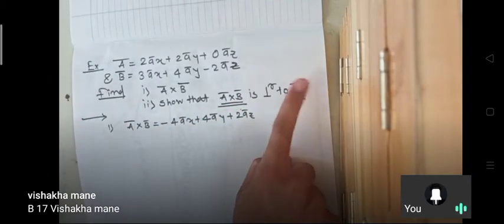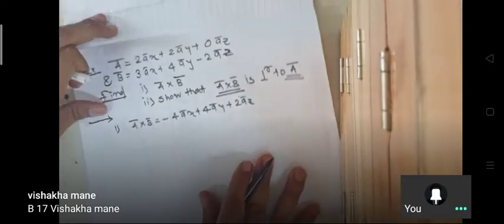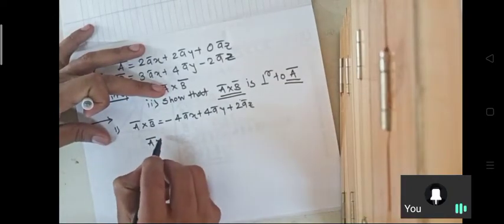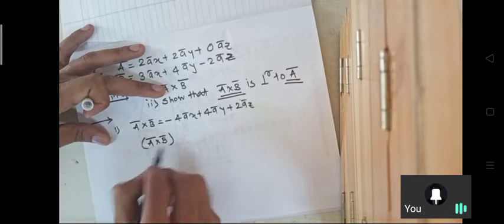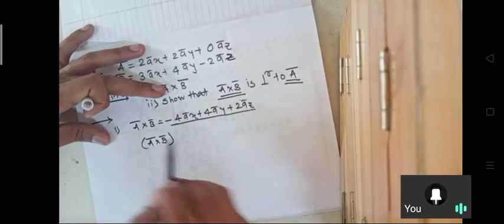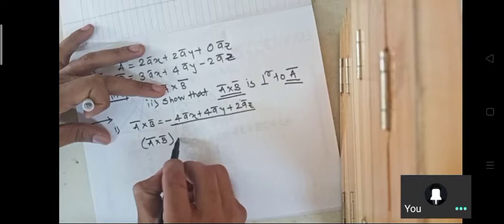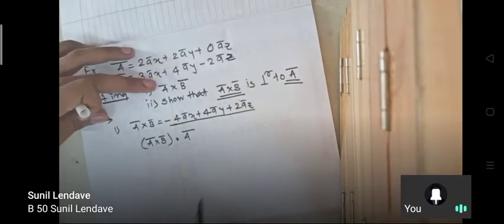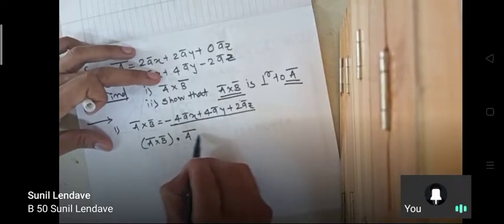So just try to find a bar cross b bar. Consider this as one vector, because this is one vector, and take a dot product of that with a bar and check whether you are getting it equal to 0.